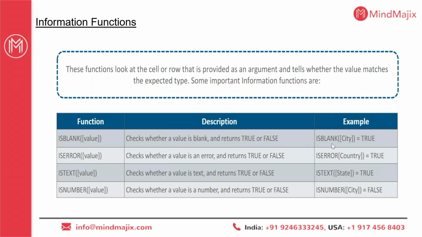For example, IS BLANK in the city: if there is any blank cell existing in the city, and you're giving the output as true, then what you probably will do is replace true with the number 0. The idea of using these formulas is to replace the value which is existing. So this will give you information on what is actually existing in your data set.